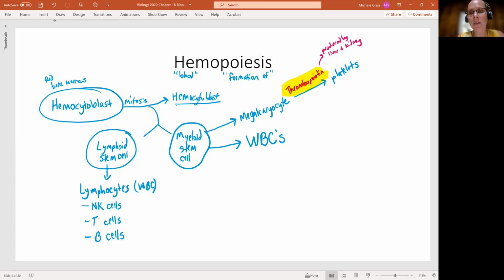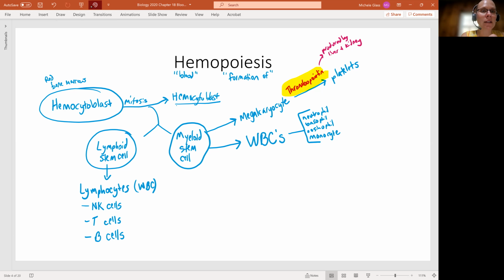So when we talk about these white blood cells here, we can list out, you can have the neutrophil, you can have the basophil, you can have the eosinophil, and you can have the monocyte. And so the white blood cells coming from the myeloid stem cell, you can have any of these four, whereas notice the lymphocyte has its own stem cell lineage.